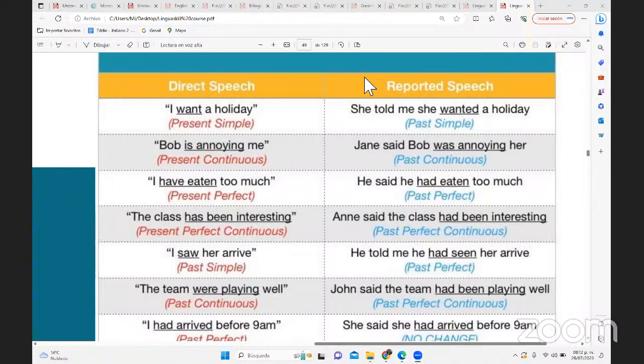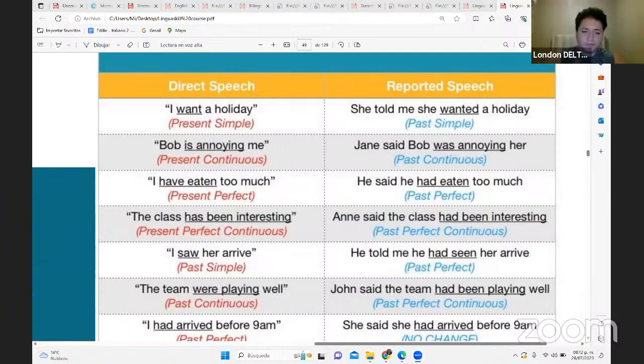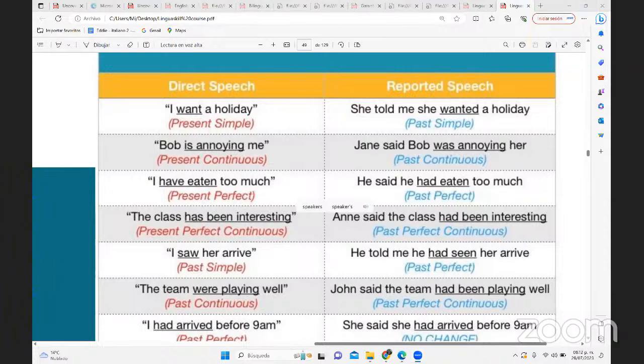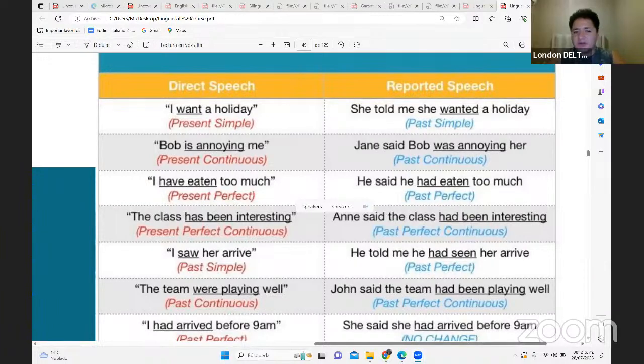The original speaker, the gossiper, and the recipient. Exactly. Receiver, listener. So imagine that the original speaker says, I want a holiday.